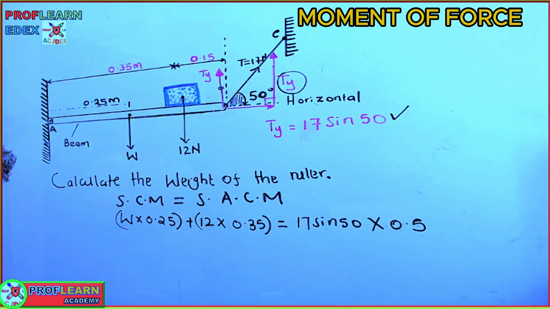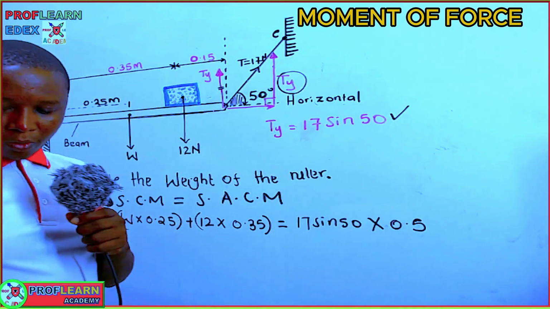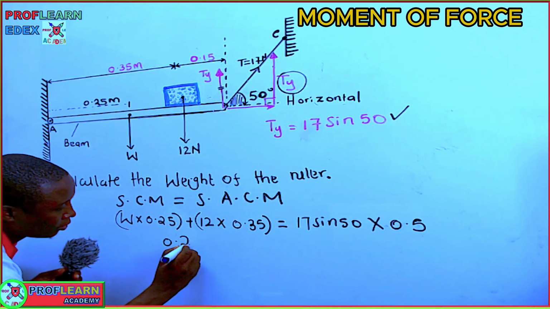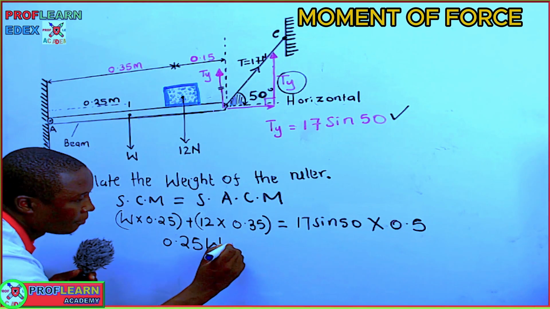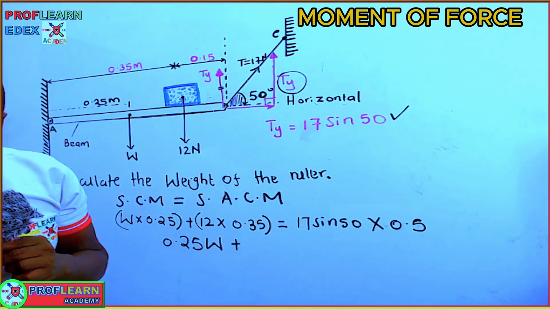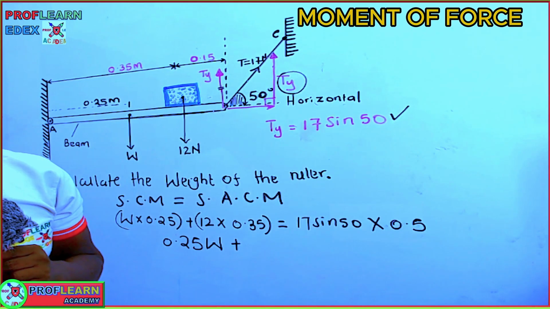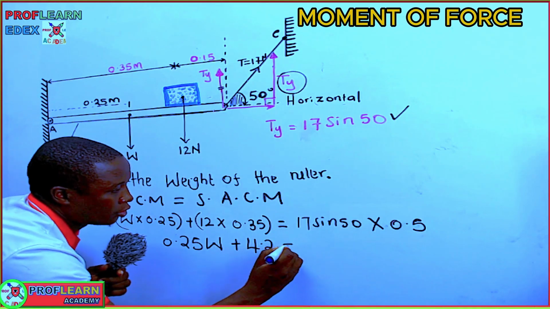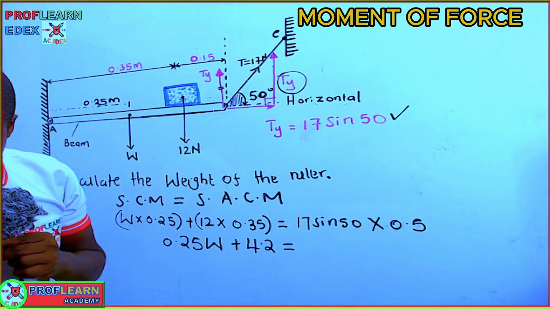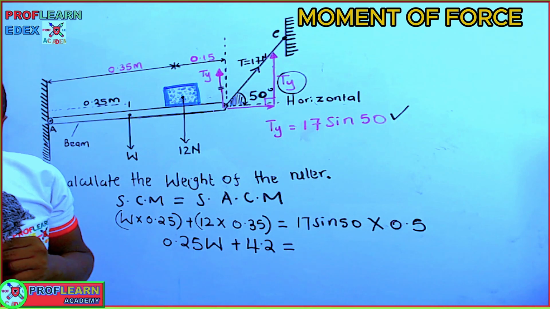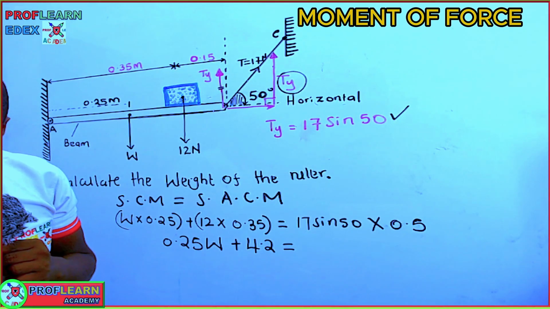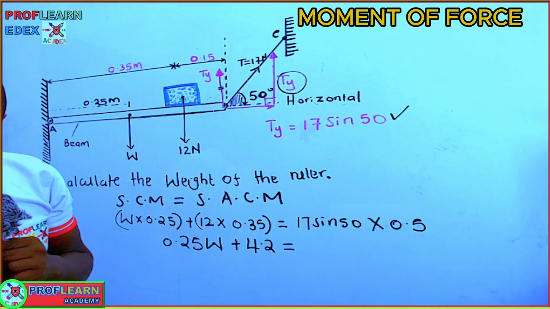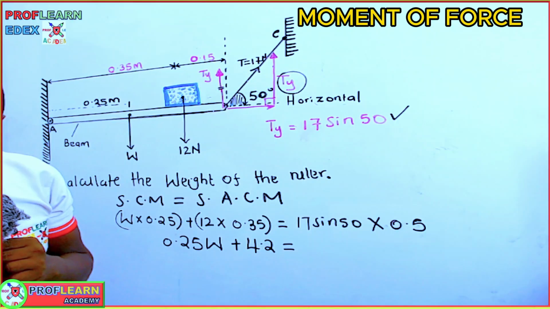Now we need to put that into our calculator to work it out. The first part translates to 0.25 W plus, multiplying 12 times 0.35, 4.2. So 0.25 W plus 4.2 is equal to 17 sine 50 times the distance, which is 0.5.